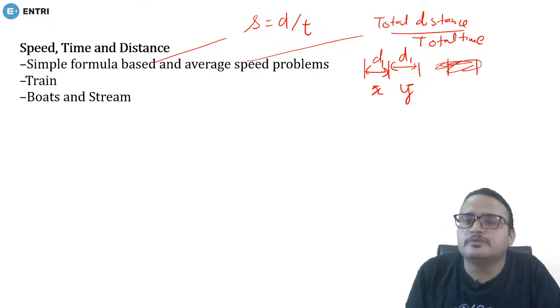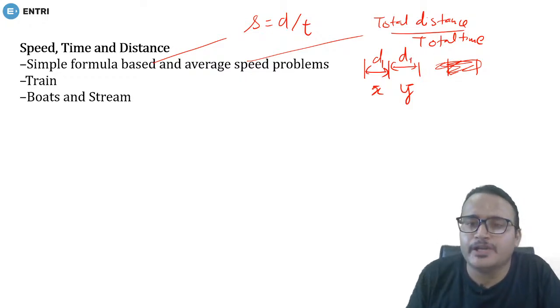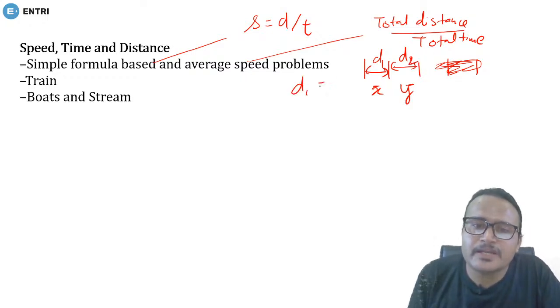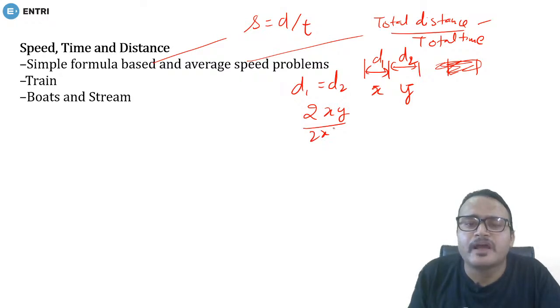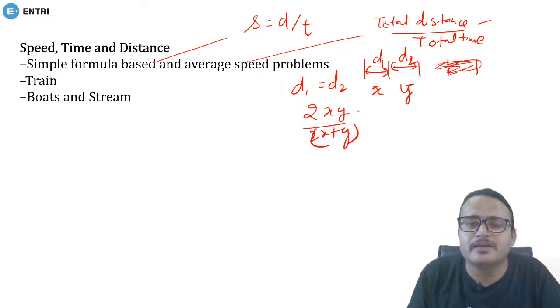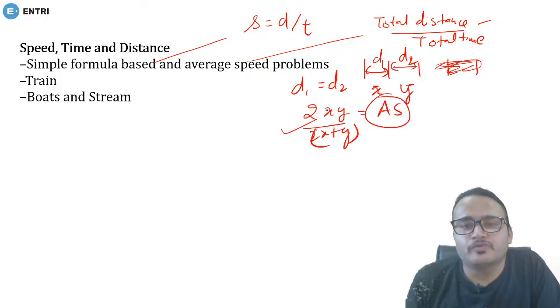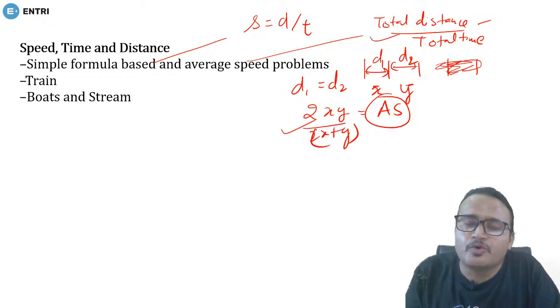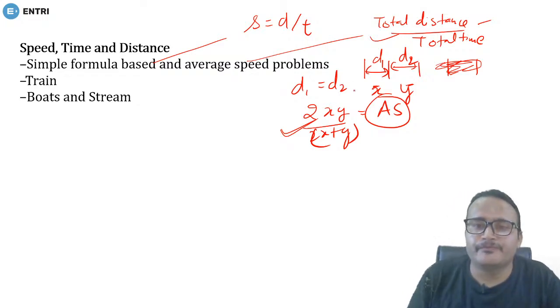So maximum two speeds are there for the two different segments d1 and d2. If d1 is equal to d2, then you do not need to apply the general formula. You just go with 2xy upon x plus y. This is the average speed formula. You need to apply this one rather than the other. Okay, so this is the average speed formula.